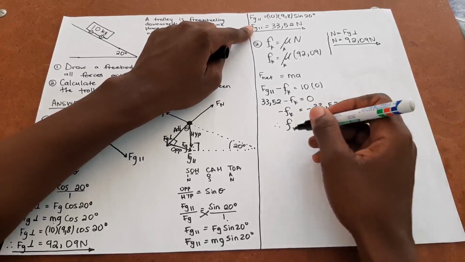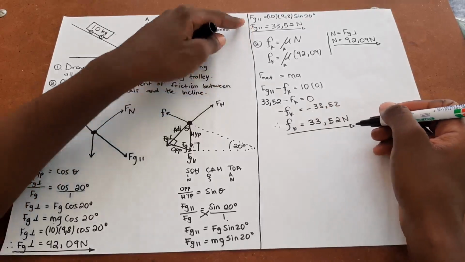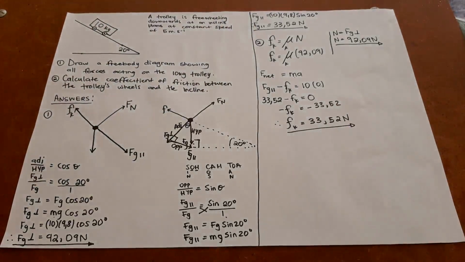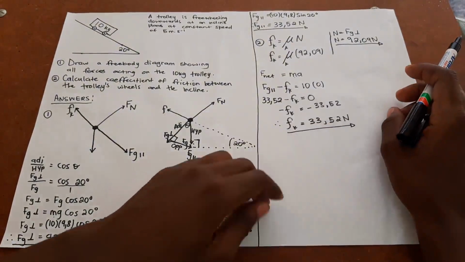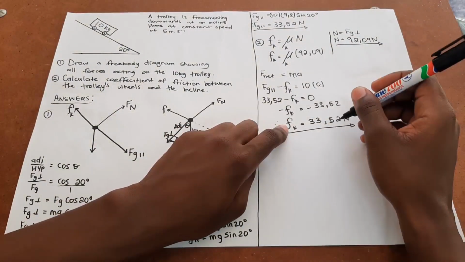That's how it goes. But that's not everything: what you have done now is only finding the frictional force, 33.52.